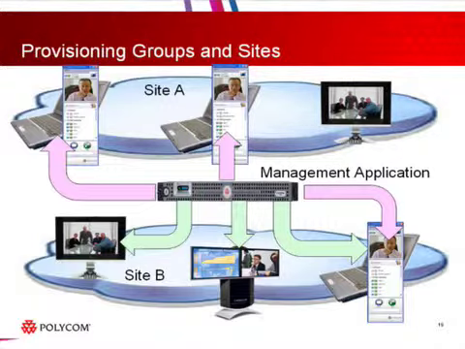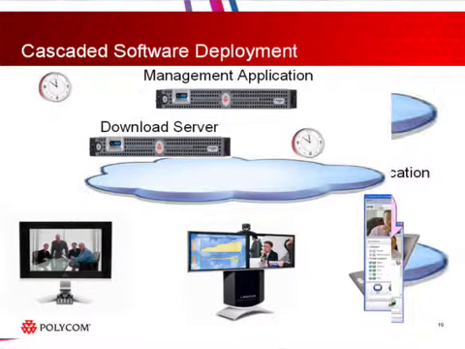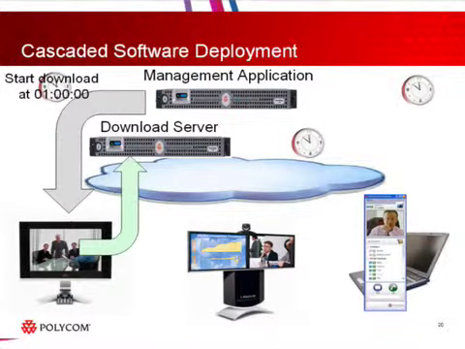But then you can group the devices based on a model or what kind of device it is. Some things make sense for a room system. For a room system, you may want to configure a home display that is displayed when the system is idle. That doesn't make sense for a soft client, for example. So for soft clients, you can configure other things. Instant messaging, for example, makes perfect sense for a soft client. It doesn't make any sense for a room conferencing system.